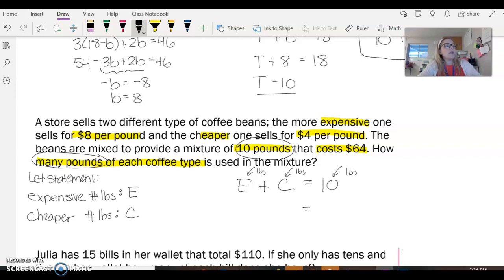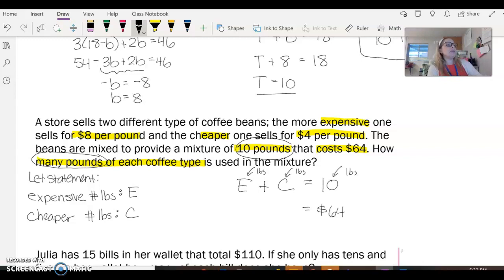Well, the other total I know is that it's a total of $64. So this is talking about money. Well, if I wanted to figure out how much I spent on the expensive, wouldn't I just go $8 per however many pounds? So if I bought 2 pounds of the expensive, that's $16, right?